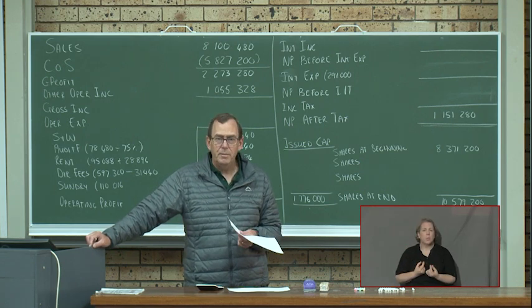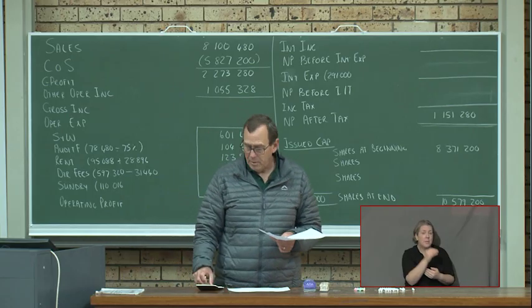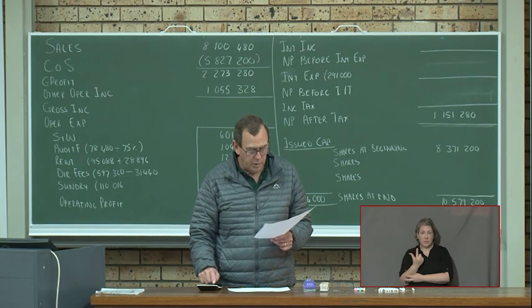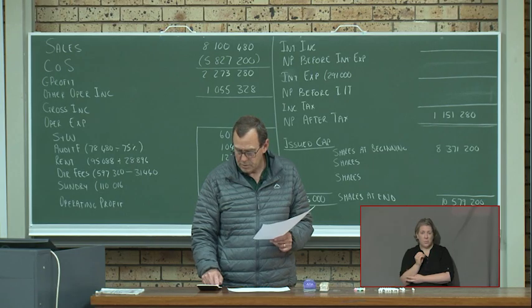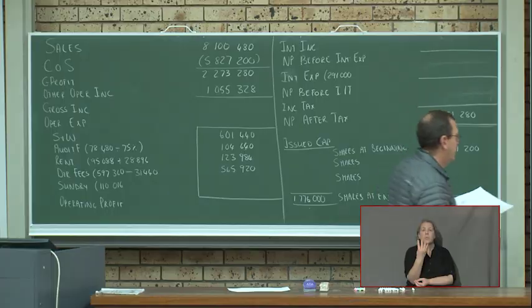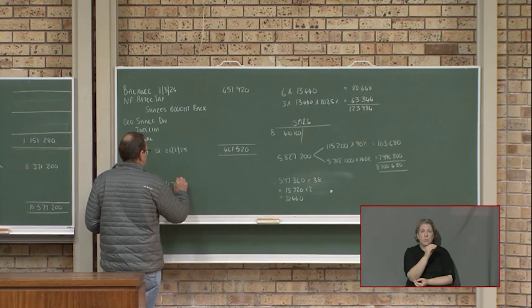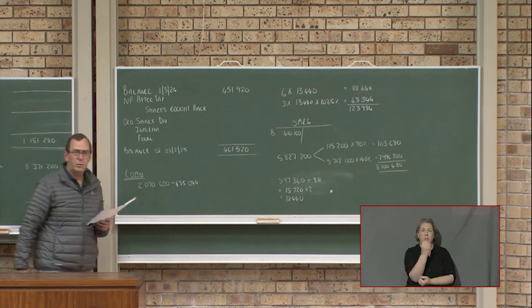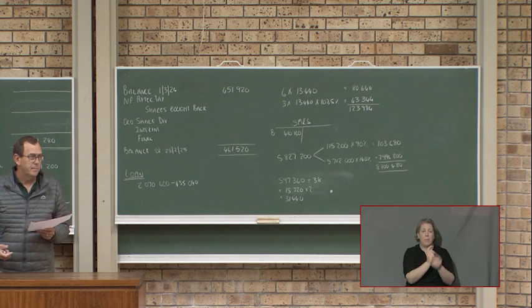That's a monthly payment, so we must multiply by 12. So the 37,920 times 12 gives us 455,040. All right? So we must subtract that from our opening balance. 455,040. That is your 12 months payment.